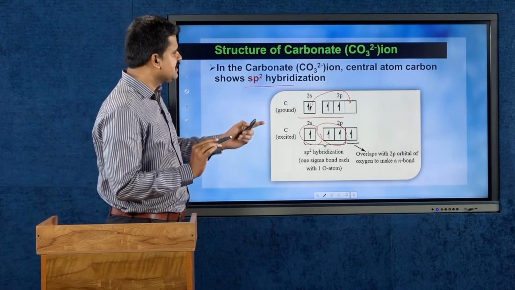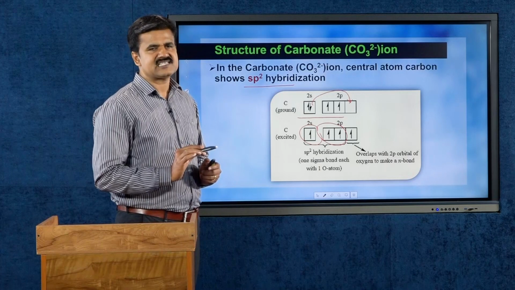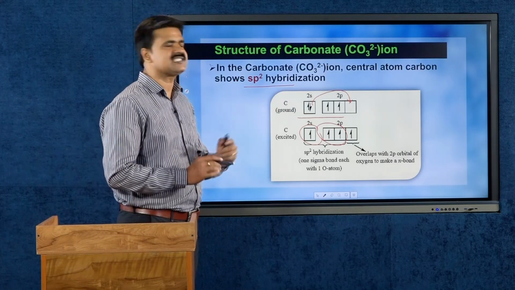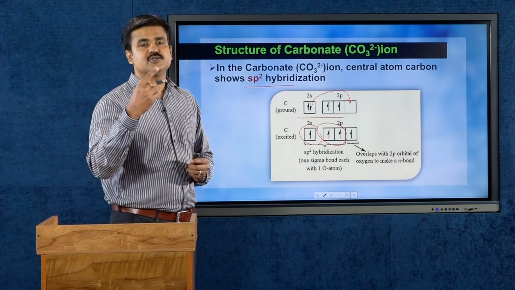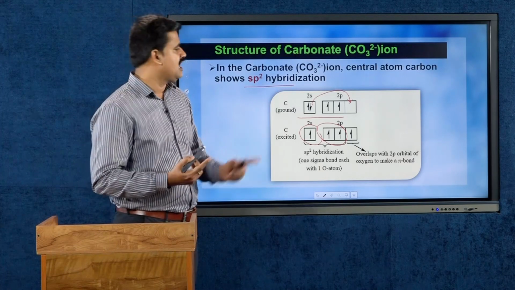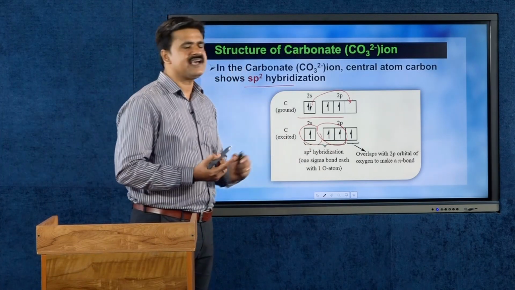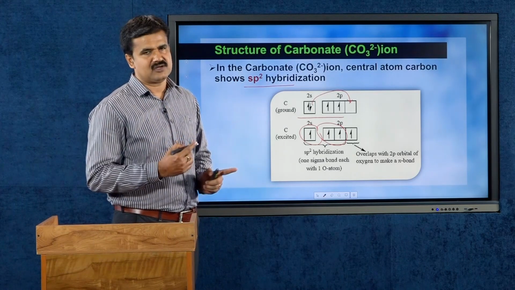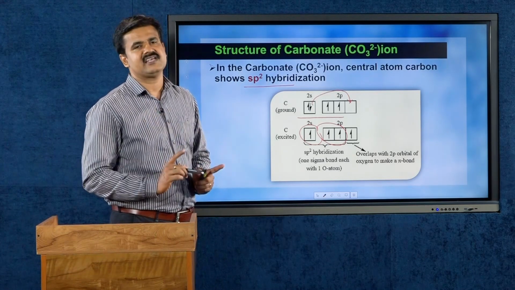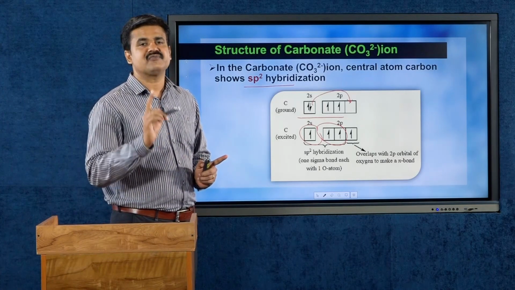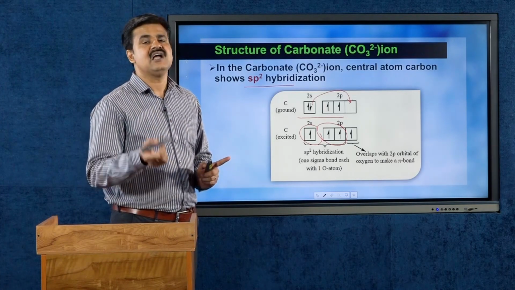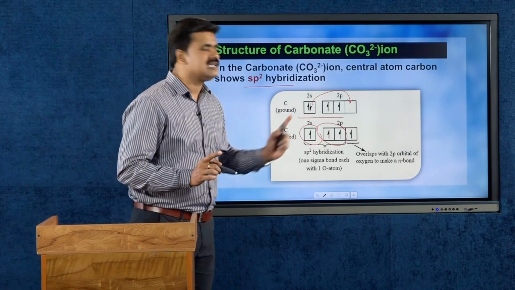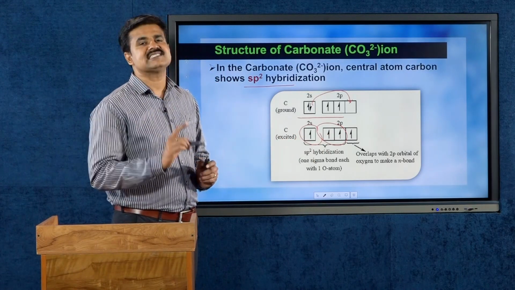So, these 3 sp2 hybrid orbitals lead to the formation of 3 sigma bonds, and one unhybridized p orbital leads to the formation of 1 pi bond. So, in carbonate ion, you can see the presence of a total of 4 bonds, out of which 3 are sigma bonds and 1 is a pi bond.